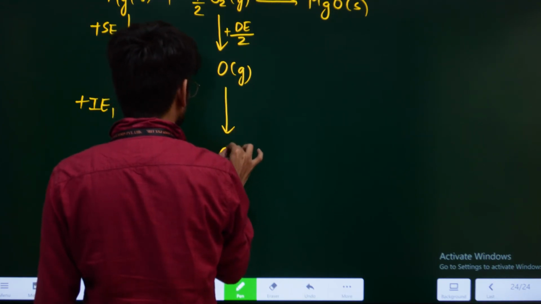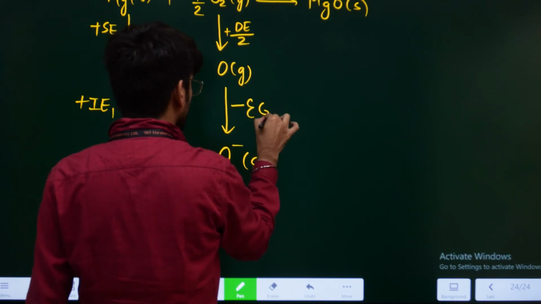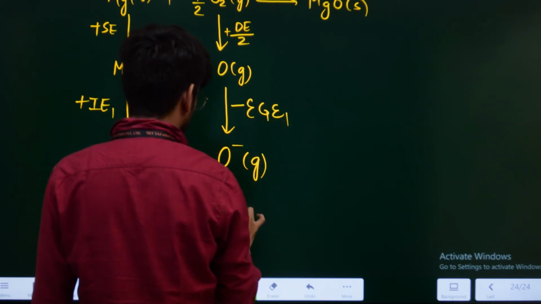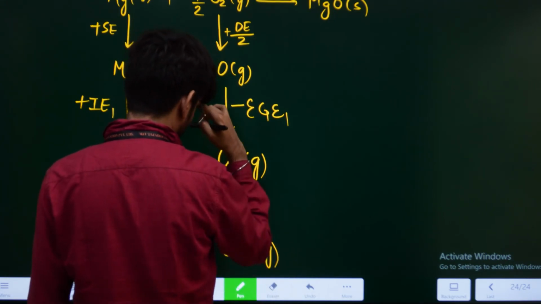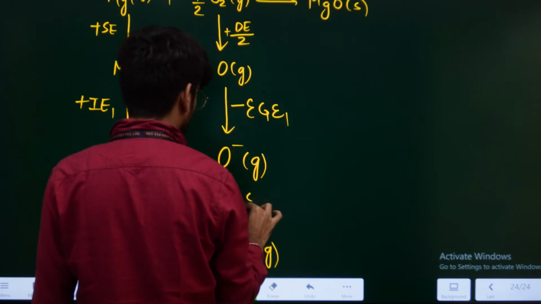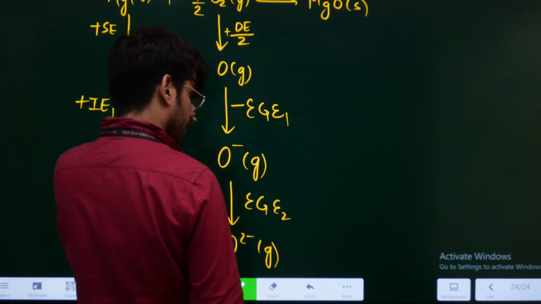I needed to change it into O negative gas. What is this? Electron gain enthalpy 1. And then O2 negative. What is this? Electron gain enthalpy 2. With plus sign or a minus sign? Plus.